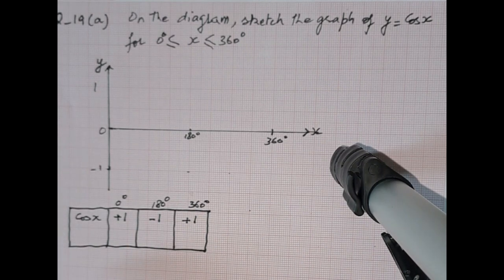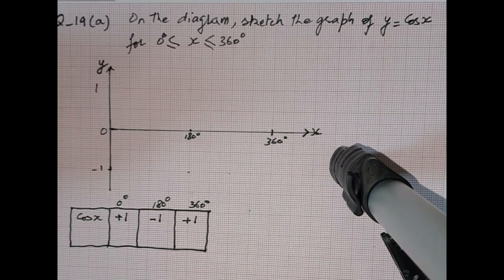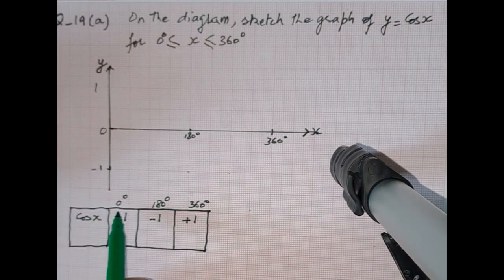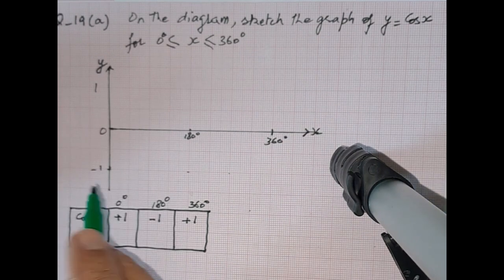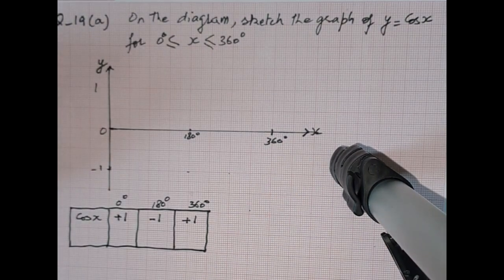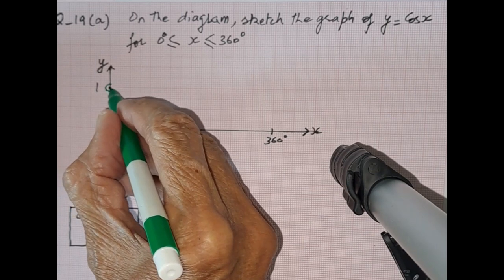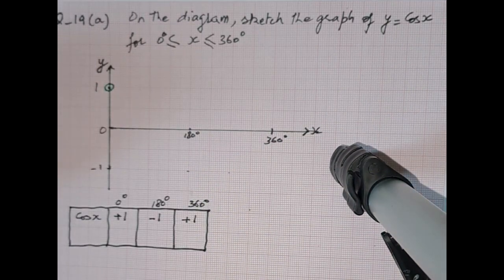So first of all, we will have to plot these points on this diagram to sketch the graph. So I am going to go for 0 degrees and +1 on the y-axis. Here is +1 and 0, so I can circle this point.